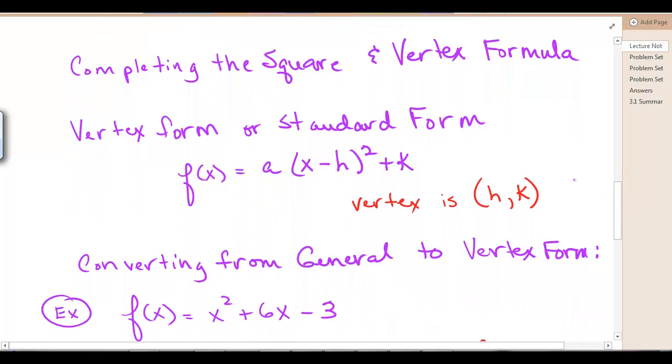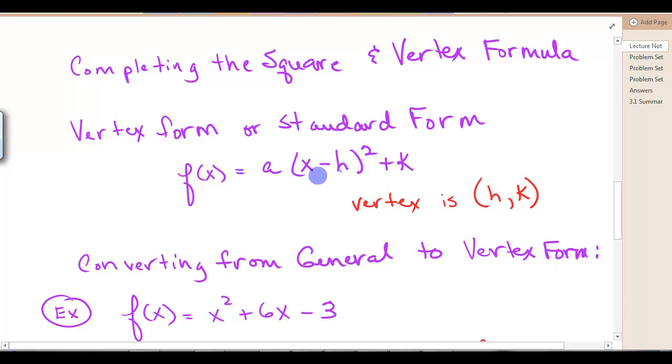All right, here's another form, and it's sometimes called the standard form, but this book likes to call it just the vertex form. It's wonderful if it is in that form because you can just pull out the vertex. You can see what it is right away. In this form, a parentheses x minus h squared.